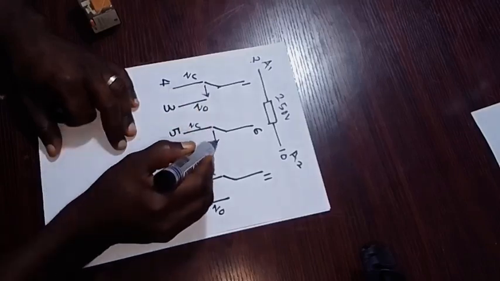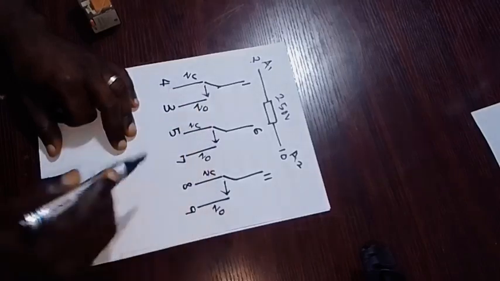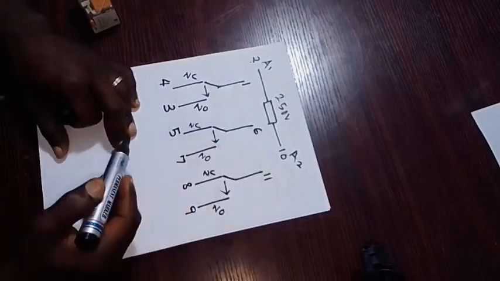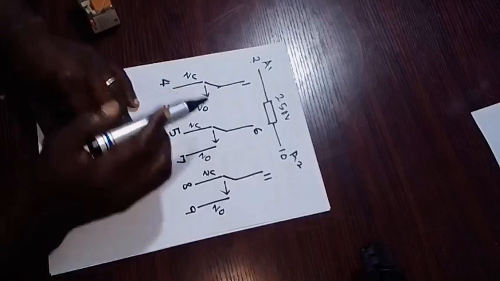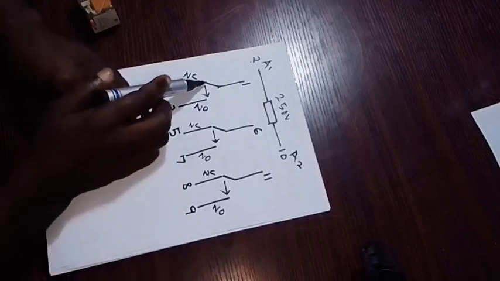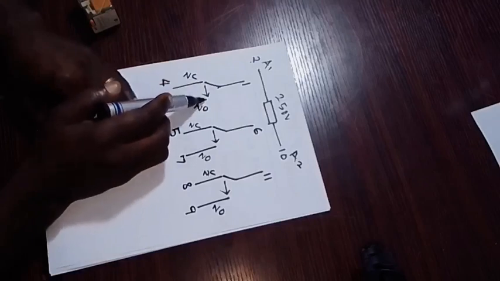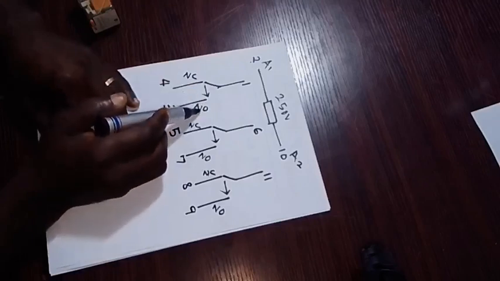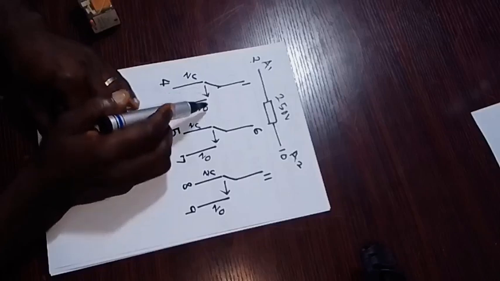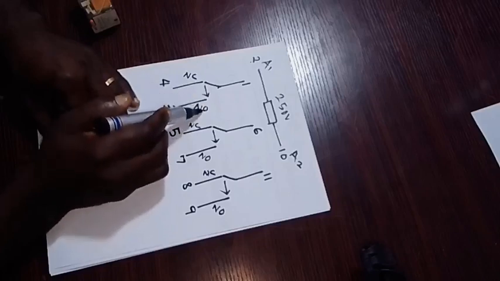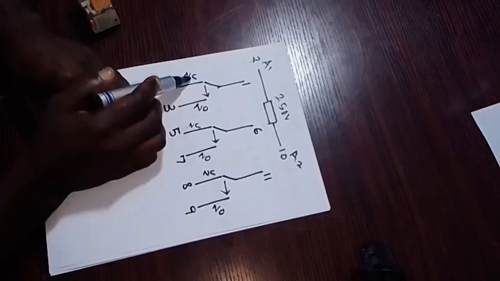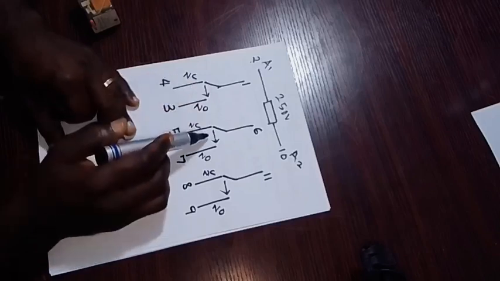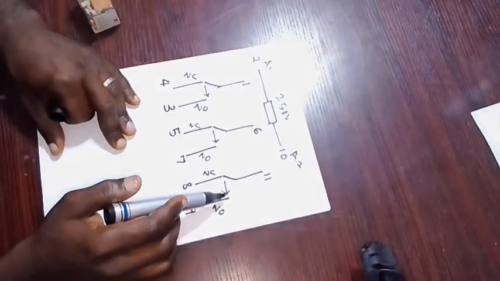When the coil is energized and the magnetic field is set up, that force of attraction pulls the common contact from its normally closed position to the normally open contact. By so doing, the normally open becomes closed and the normally closed becomes open. The same thing happens here, and here.